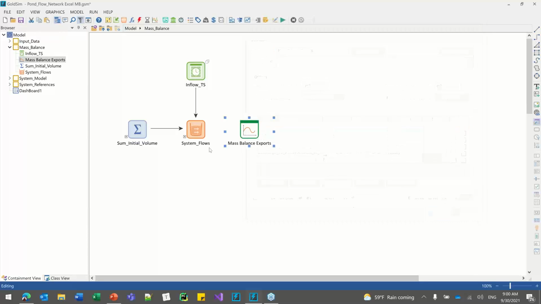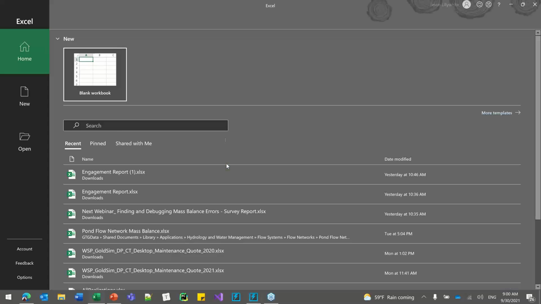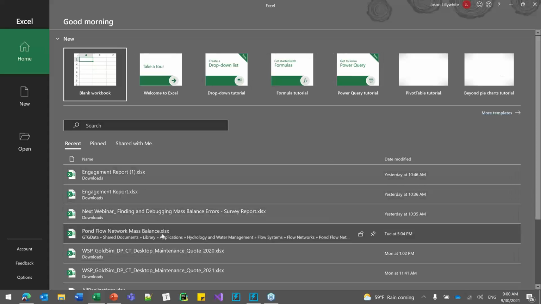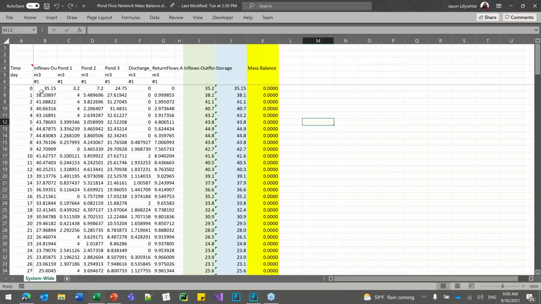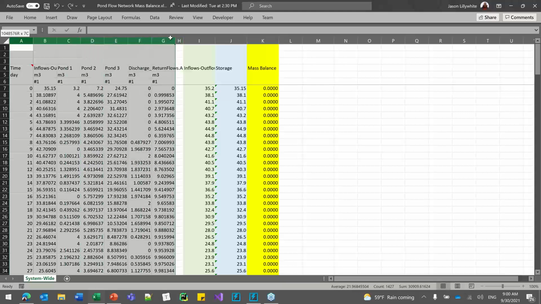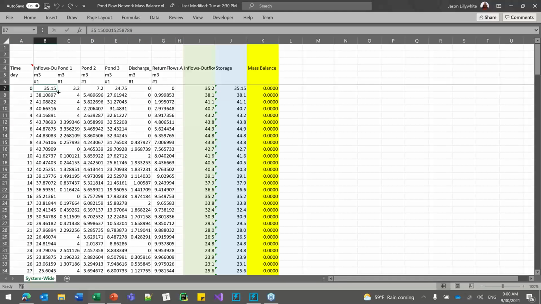And then if you export all of those to Excel, then what you end up with is this. So everything from column A through G is coming from that time history result.